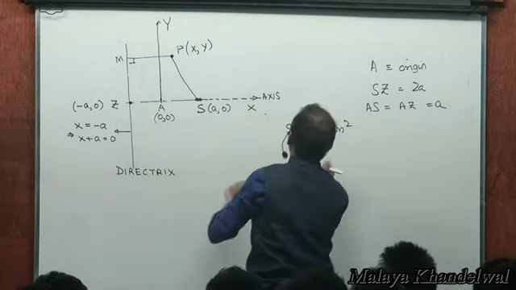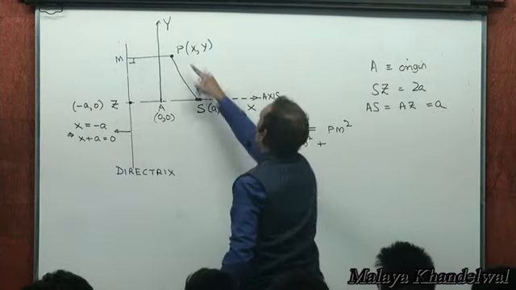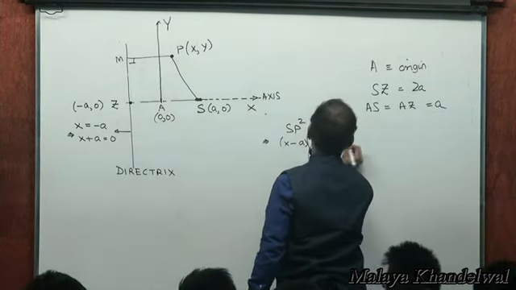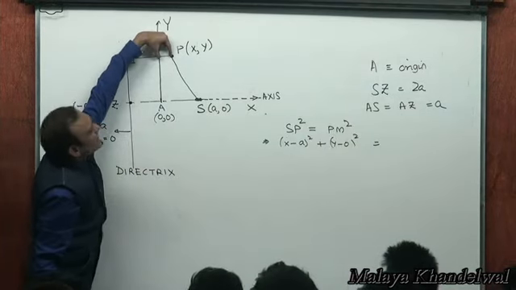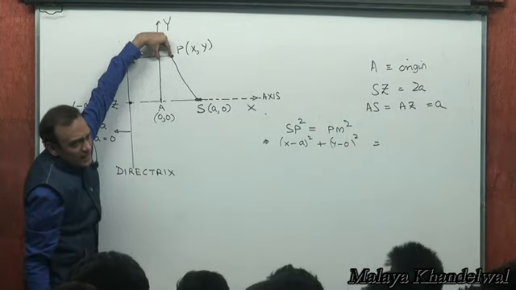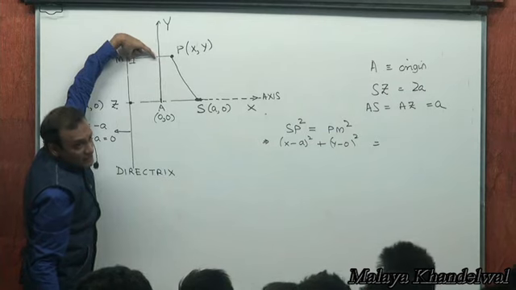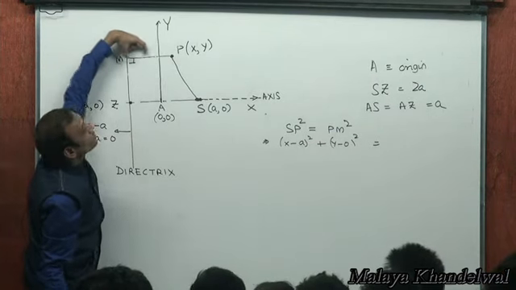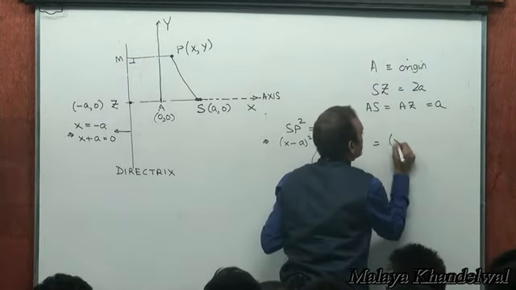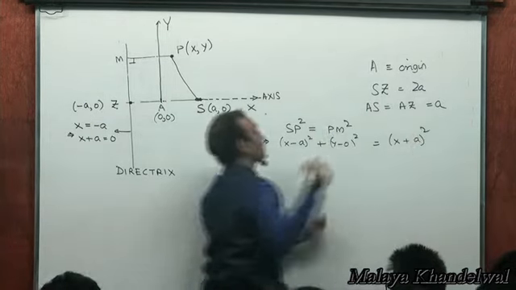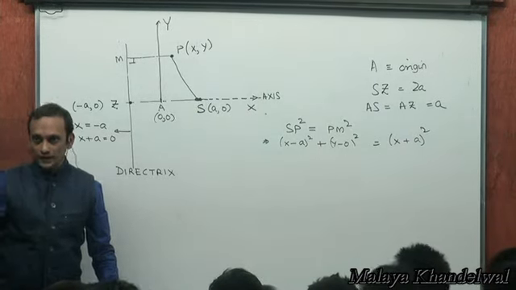What is SP squared? SP squared is x minus A whole squared plus y minus 0 whole squared. Now PM: realize that this length is x, and this length is A units, so PM is going to be x plus A, so this is going to be x plus A whole squared.